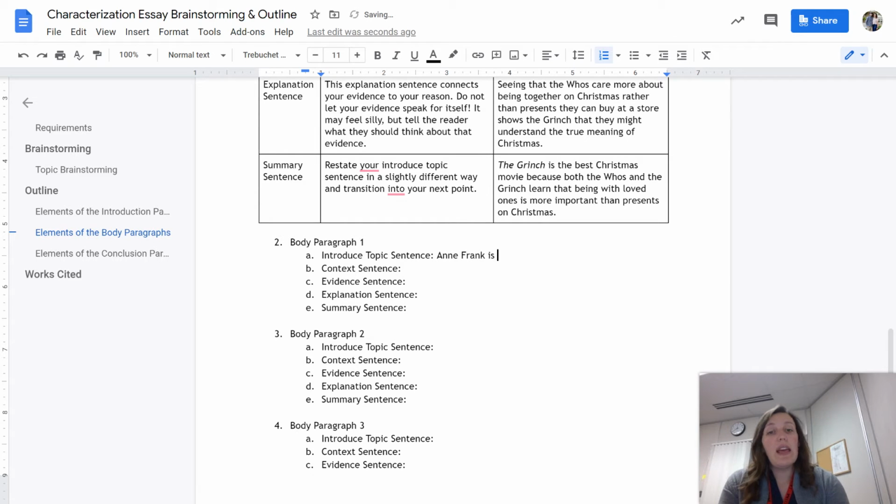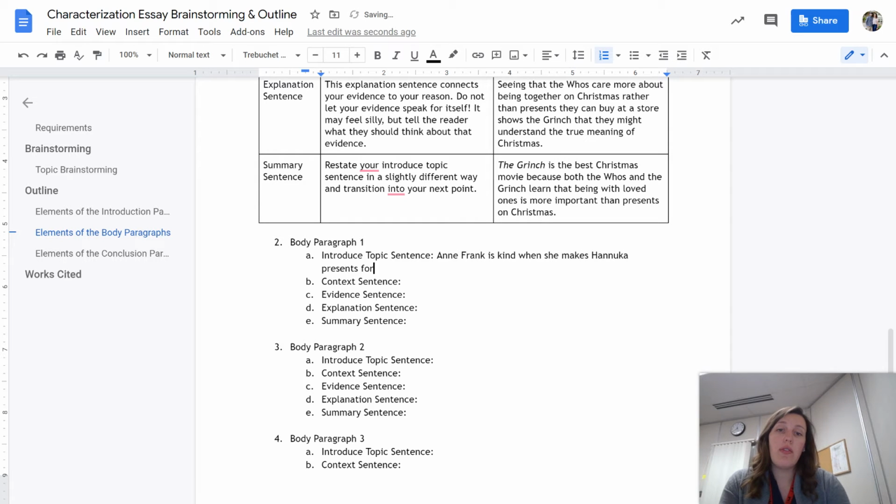Anne Frank is brave when, and then I would introduce, in my own words, when she or Anne is kind, when she makes Hanukkah presents for all of the people in the annex.